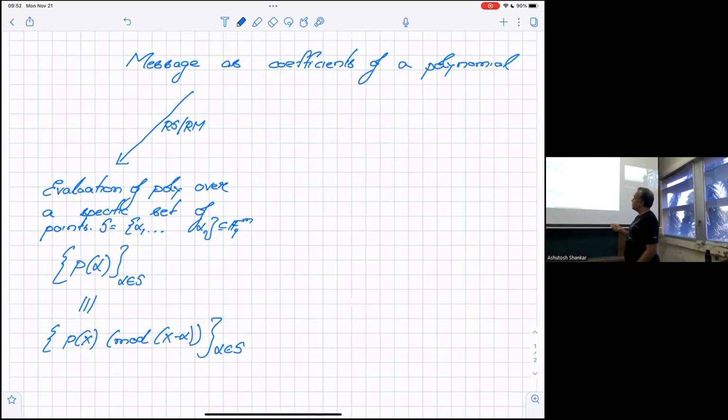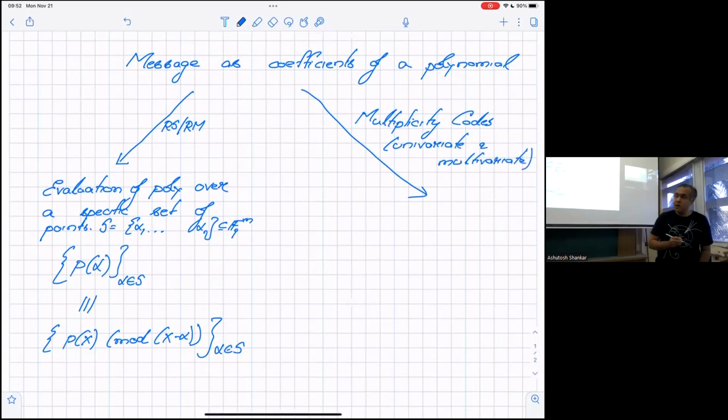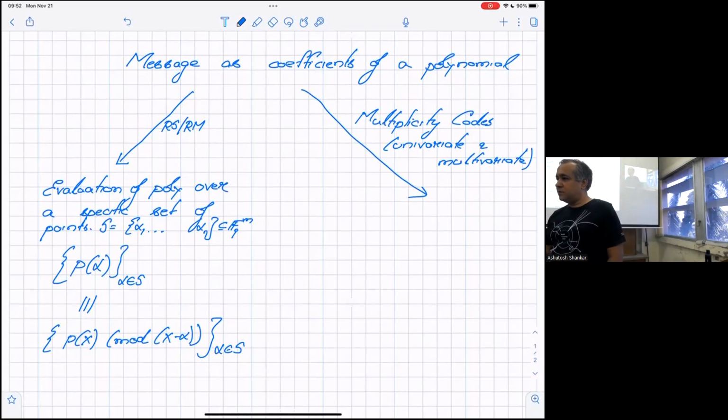What we'll do is continue this analogy and try to build one. We will define the multiplicity code, both univariate and multivariate. It will also be evaluation, but we will not just give the evaluation of the polynomial, we'll also give the evaluation of several associated derivatives.